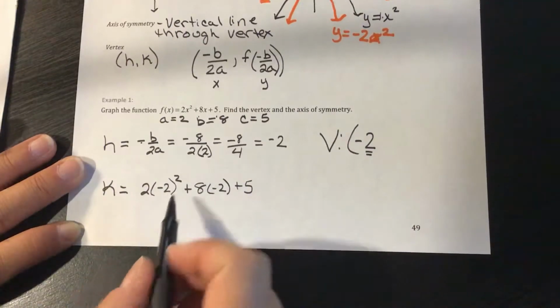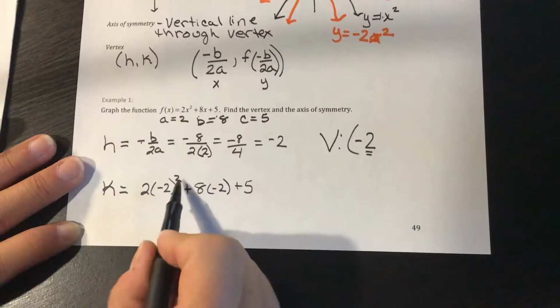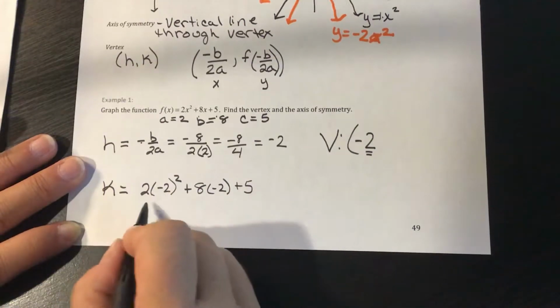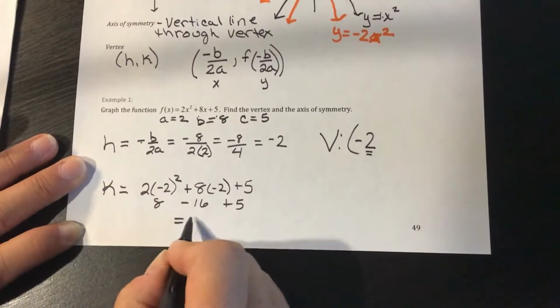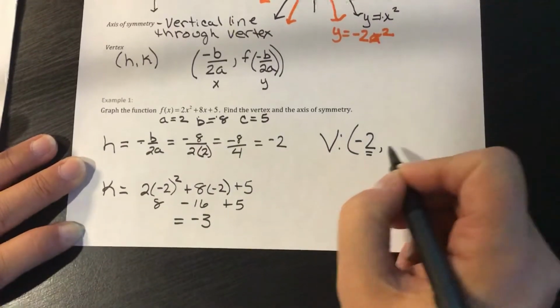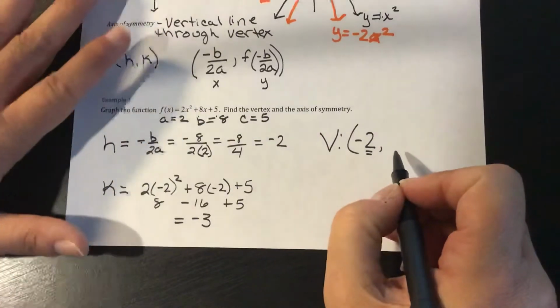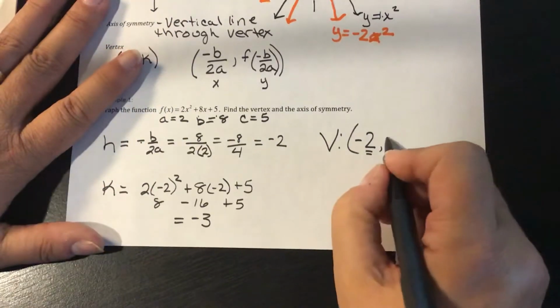And if I simplify this, this becomes positive 4 times 2 is 8, minus 16 plus 5, which is negative 3. And the y coordinate of the vertex would be negative 3.